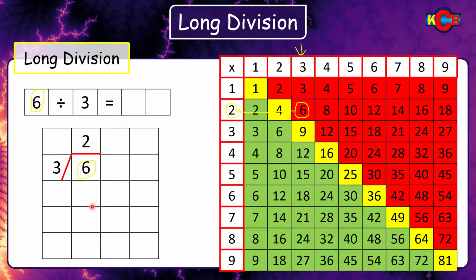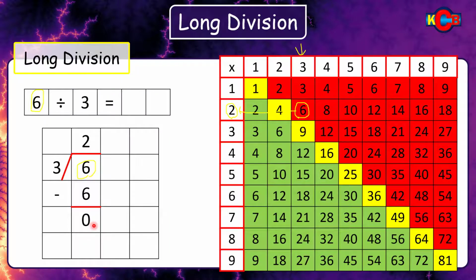Then down here we write down 6 because we found 6 within the multiples of 3. We subtract the dividend with 6. 6 minus 6 equals 0.